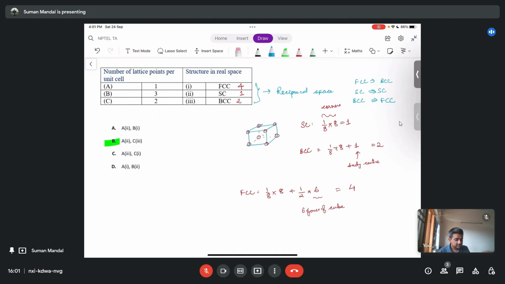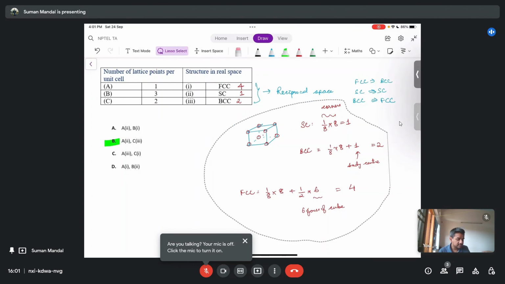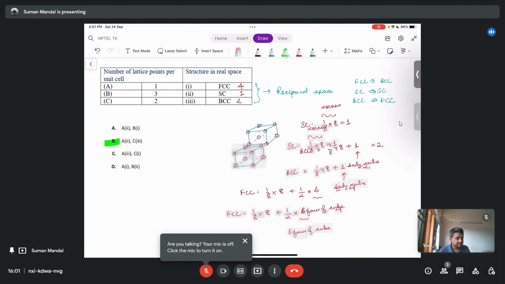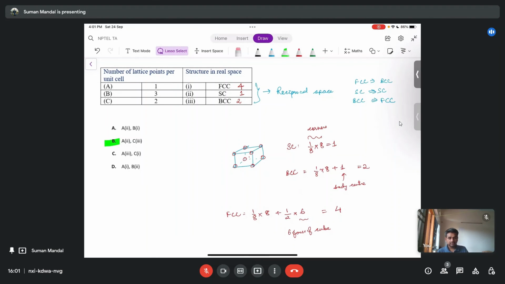Has this derivation been done in a class? Yes, sir. So this is one interesting thing that you will find out when you solve for the reciprocal lattice vectors.